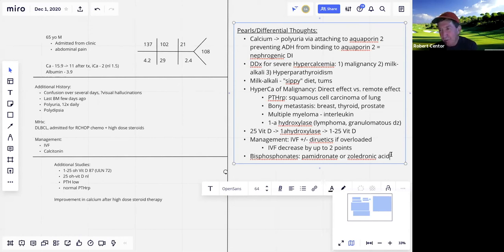And I think there's also something about calcium moving in and out of bones and steroids preventing that. That's what I always knew. And then what I learned from this case is it also does inhibit 1-alpha hydroxylase. And so you make less vitamin D.